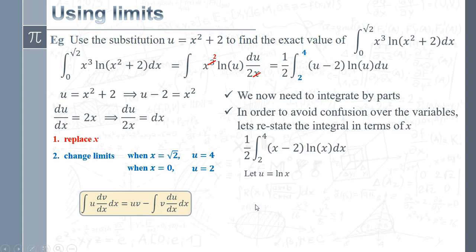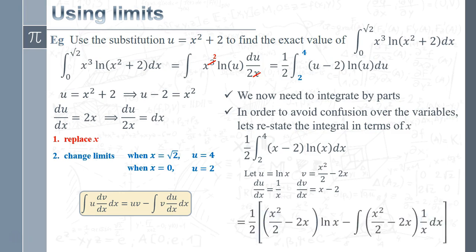Now here's the thing, we're going to let u equal ln x, because when I've got a ln in integration, it's always a good idea to use that as your value for u, because when you differentiate it, it breaks down to become a polynomial, which will cancel out against other stuff. So that gives me dv dx is x minus 2, which gives me v is integrate that, x squared over 2 minus 2x. Bang all those bits in.